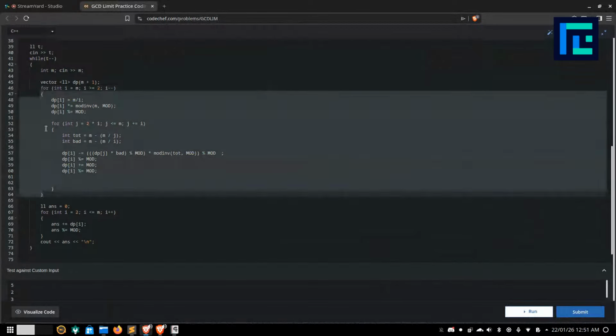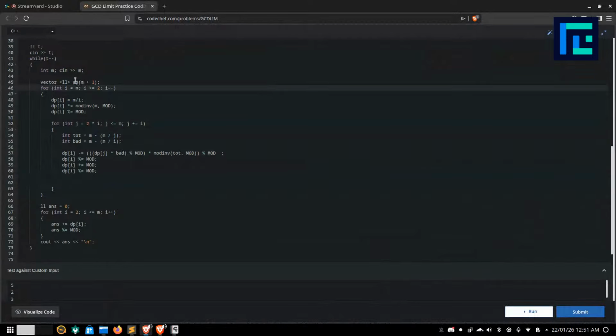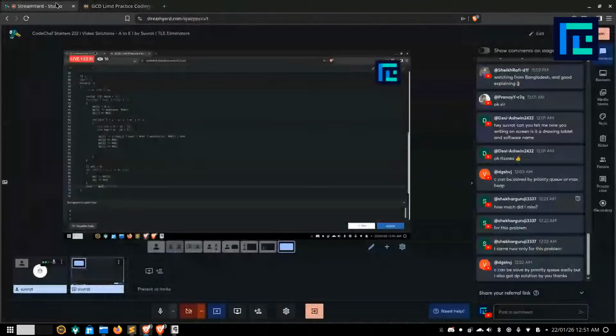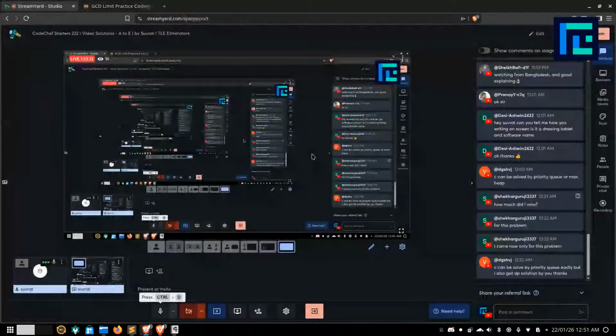Once this is completed, we will have calculated all the values from dp2 till dpm. In the end we can just add all the probabilities, and that would be our final expected value. If you have any doubts in this solution, you can ask.